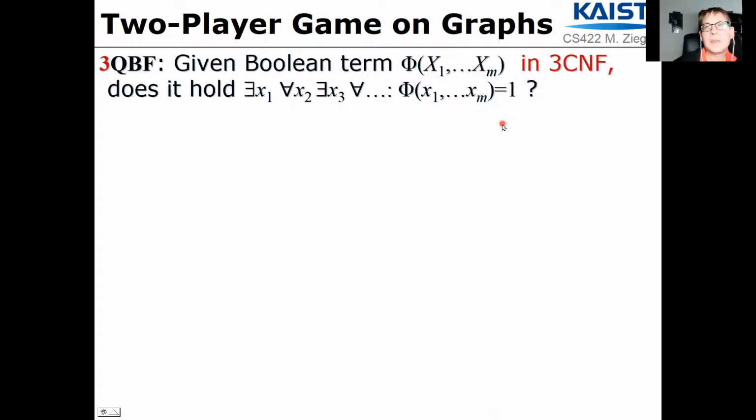I don't want to spell out this reduction from QBF to 3QBF in detail. It's basically the same, you already know the techniques we've seen previously, and I'd like to make this a kind of homework assignment, to spell it out in detail for the purpose of your own understanding.